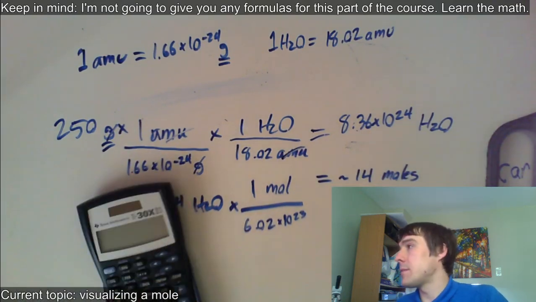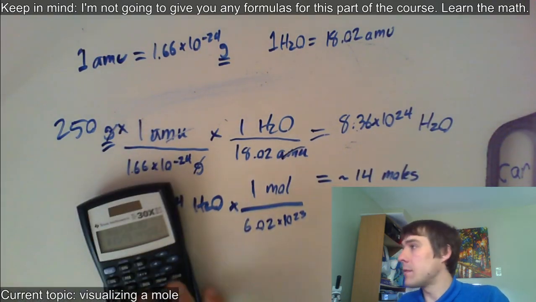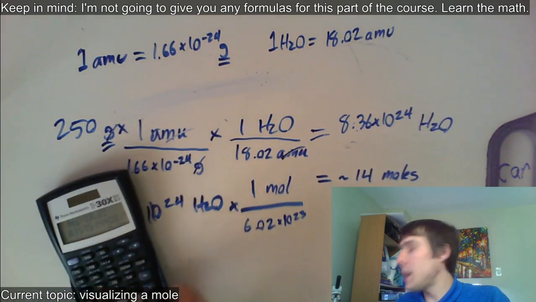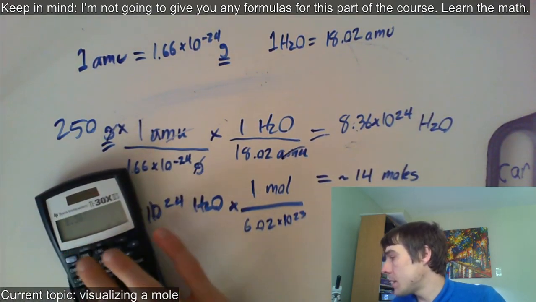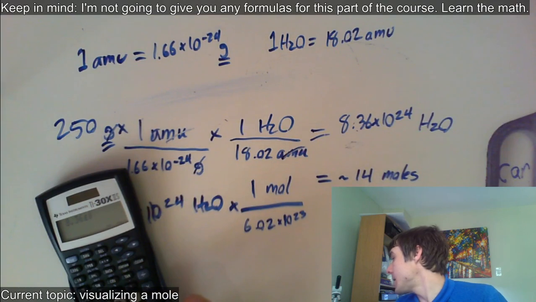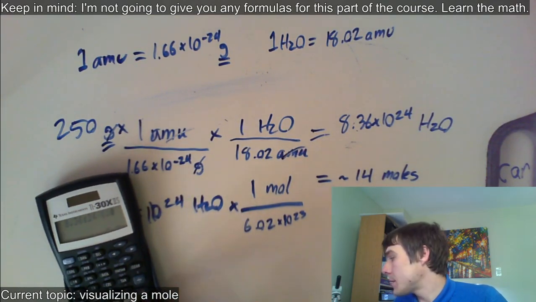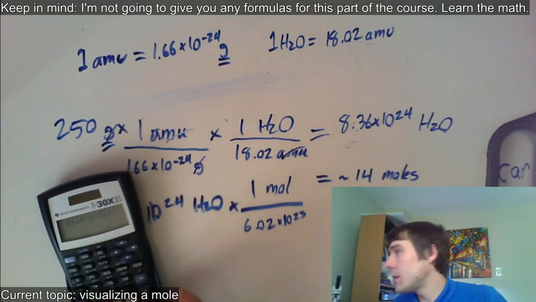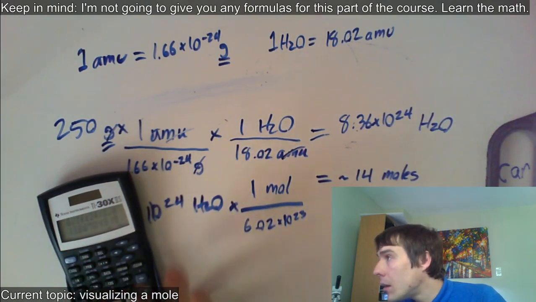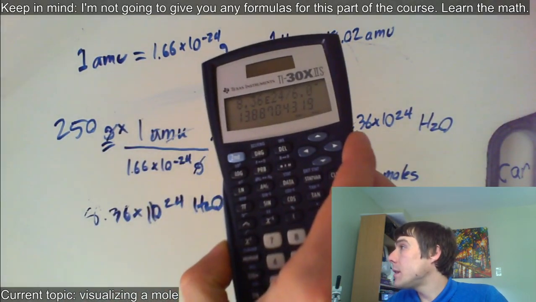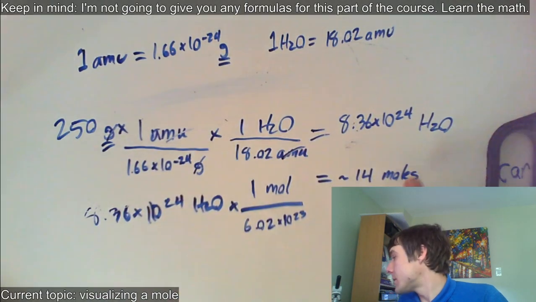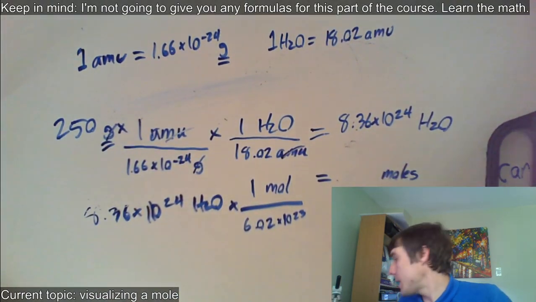In fact, let's say exactly how many moles it is, because I don't want to be rude. 8.36 times 10 to the 24, divided by 6.02 times 10 to the 23, is 13.887. So it's not exactly 14, it's 13.887.